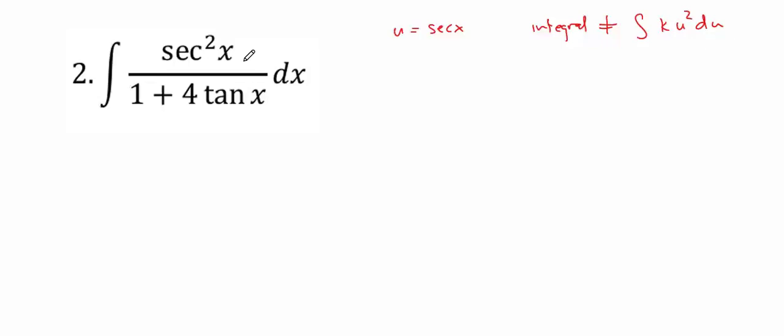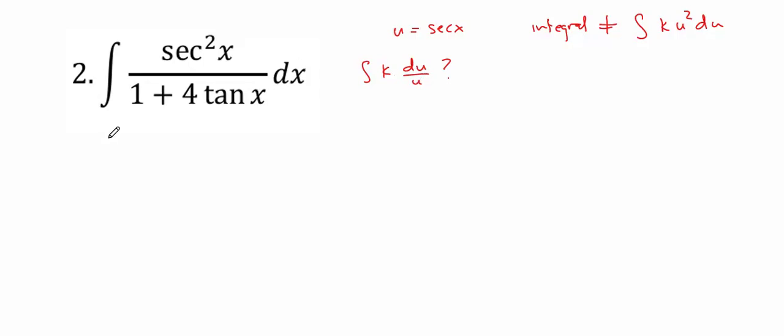The other possible formula for this would be du over u. Baka naman du over u. So if you're trying to fit, baka this reduces to some constant du over u. So if you're trying to fit this formula, we let u be the denominator.